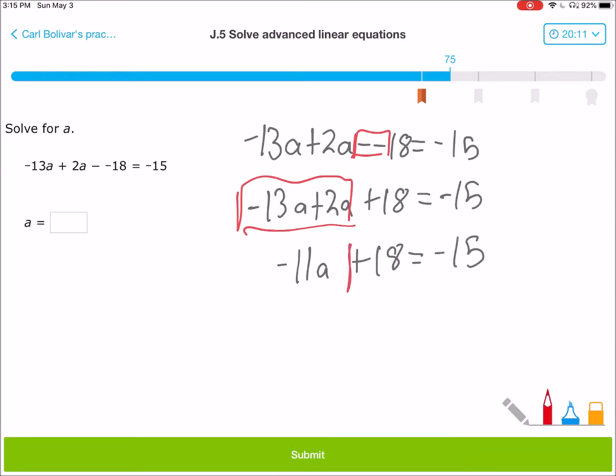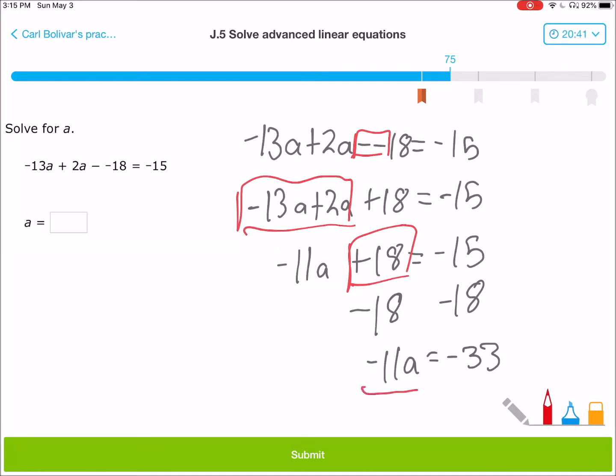Now I'm going to take this positive 18 and take it to the other side. So I will subtract 18 from each side. And what I'm left with is negative 11a is equal to negative 15 minus 18, which is negative 33.